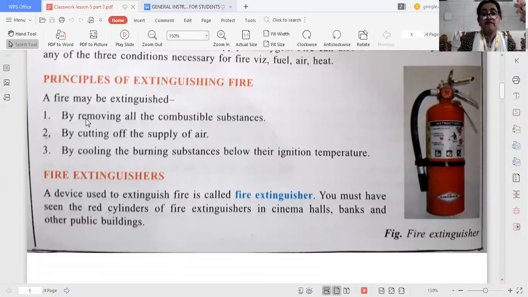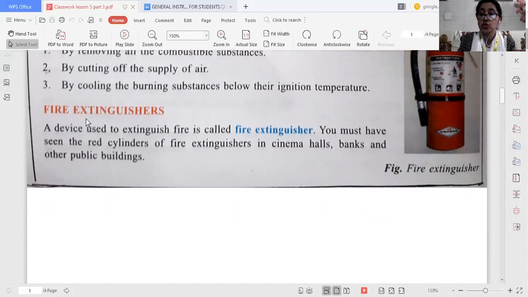Now comes the fire extinguisher. Everywhere water cannot be used. If there is a fire from electricity, a short circuit, we can't use water. So we require a device to extinguish fire, known as a fire extinguisher. You have seen the red cylinders of fire extinguishers in cinema halls, banks, and also in your schools.